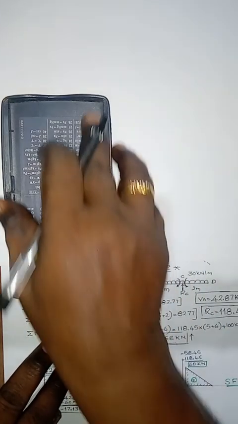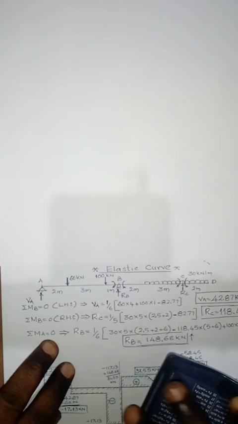Then summation of MA equals 0, taking the moments of all the forces about A equals 0. You will get RB into 6, that is anti-clockwise. Then take the moments of all the forces from the right side: 30 into 5 into 2.5 plus 2 plus 6.